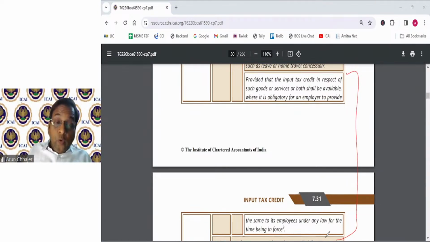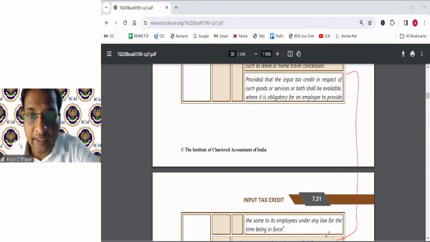When you are incurring expenditure on any of the items above, if it is an obligation under any other law for the time being in force, you can take the input.